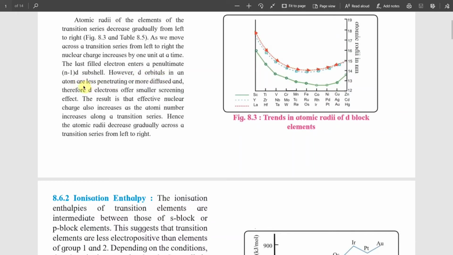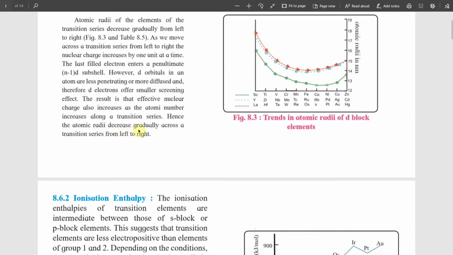The last filled electron enters the penultimate n-1 d subshell. However, d orbitals in an atom are less penetrating or more diffused. Therefore, d electrons offer a smaller screening effect.